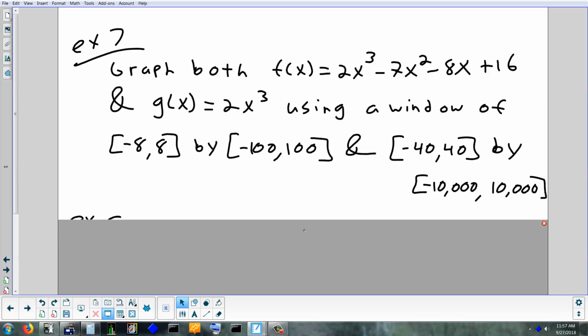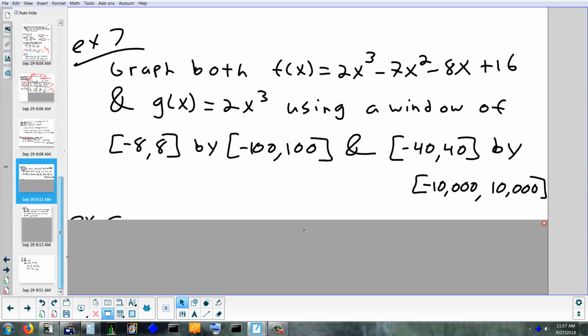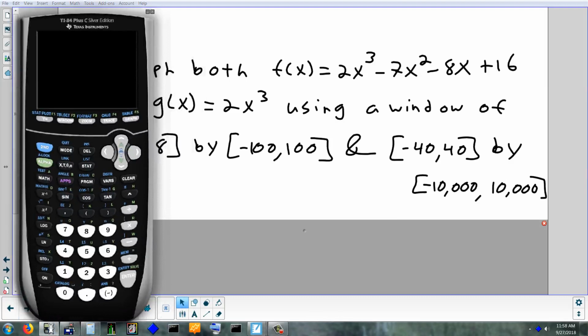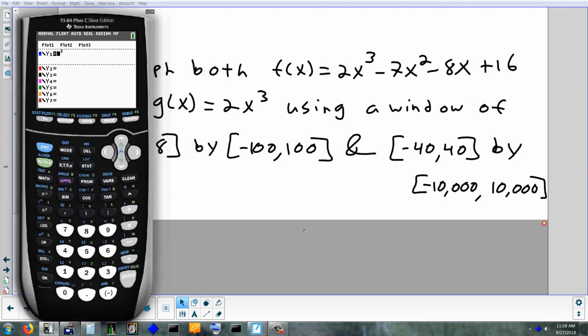All right, so what I want to do is graph something and show you the difference between the original and just the end behavior model. And watch what happens. So I graph 2x cubed minus 7x squared minus 8x plus 16, and then I graph 2x cubed.